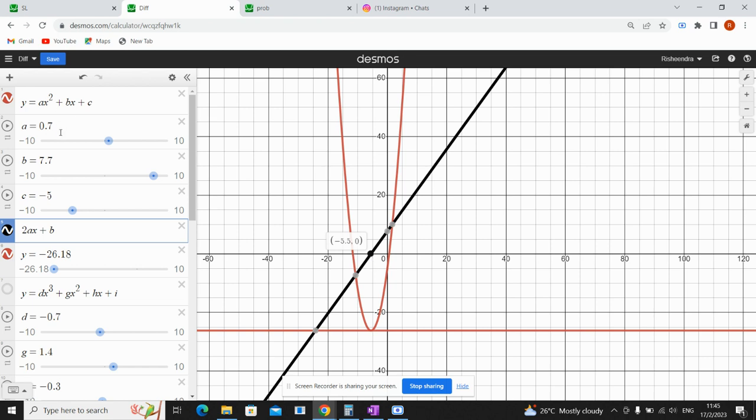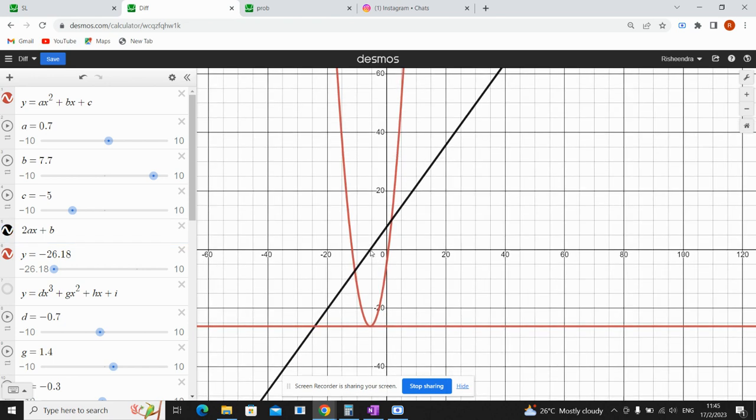The a value is 0.7, which is fixed, and b value is 7.7, which is also fixed. We have to find the value of x, and we should equate y to 0, which means when we equate f dash of x equals 0, we take 2ax plus b equals 0, then we get the answer minus 5.5.